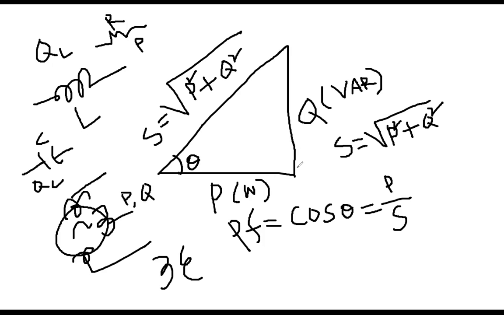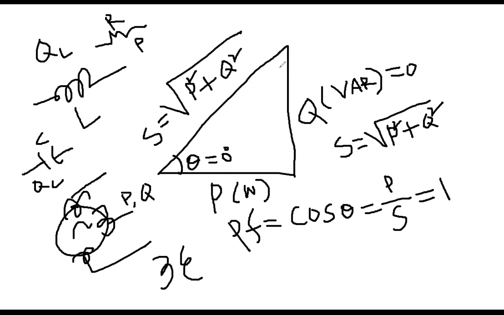So everybody concentrate on this triangle. The definition of power factor is cos theta. So power factor improvement means trying to make the cos theta value 1. You all know the maximum value of cos theta. Only if you can make theta 0 degrees will cos theta be 1. So in this figure, how can you make theta 0?